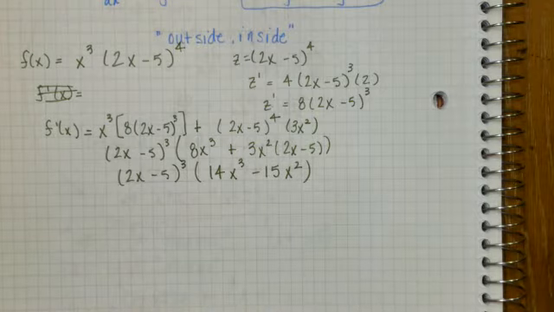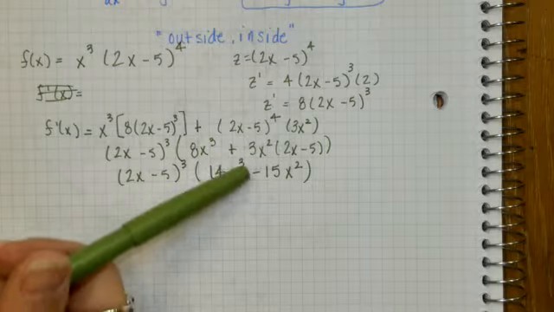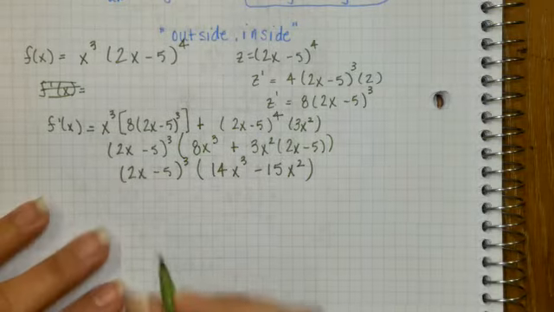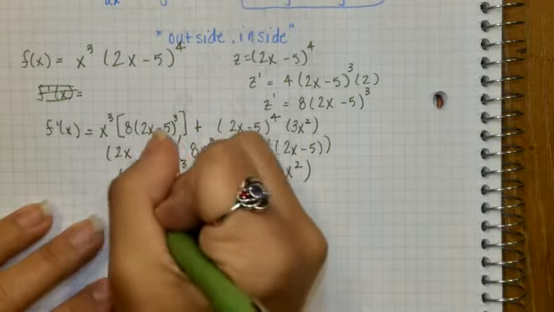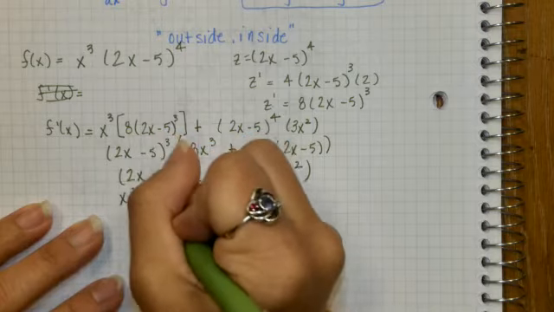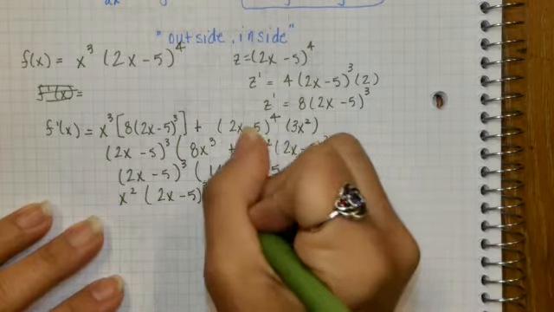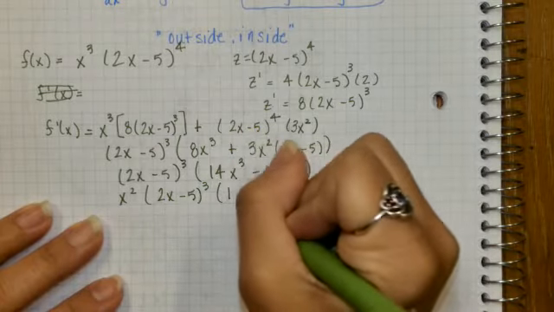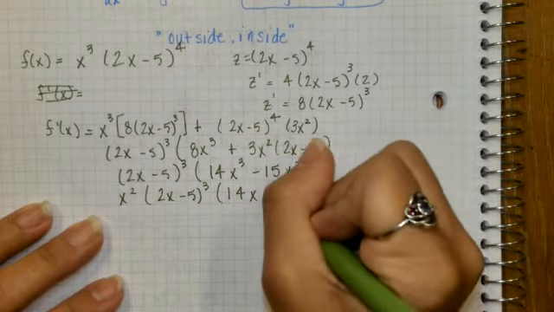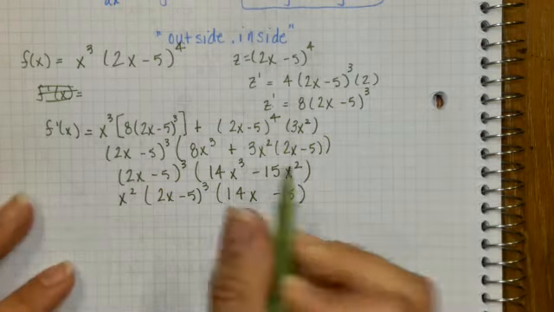Distribute, combine like terms. And of course, we have a GCF here. So let's take out an x squared. So we have x squared times 2x minus 5 cubed times 14x minus 15.